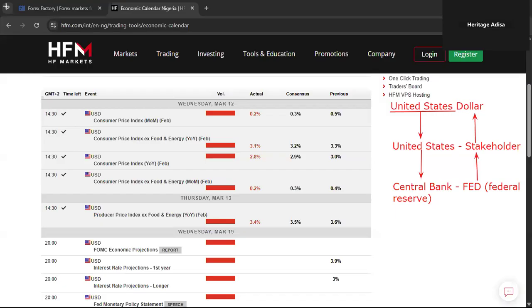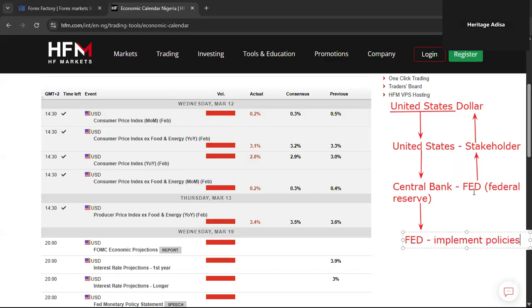Now, the central bank is touted to implement appropriate policies.